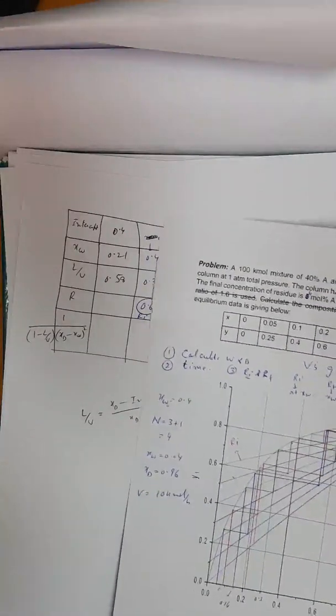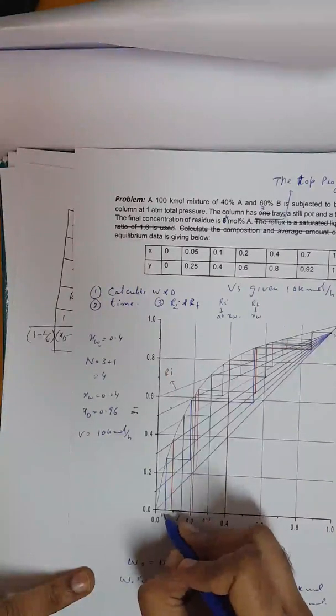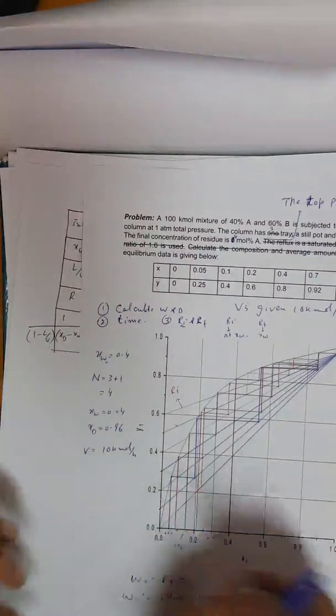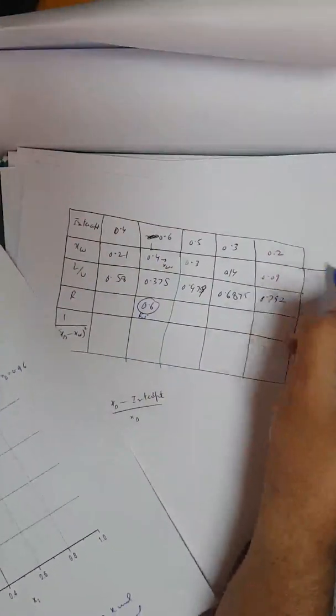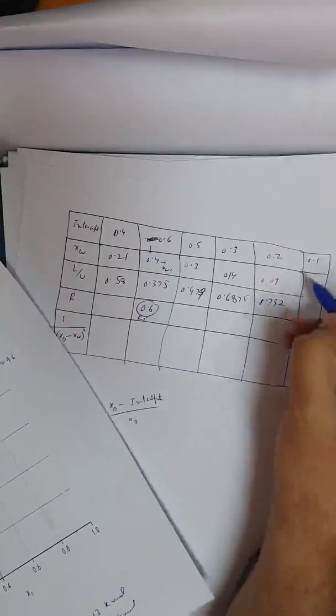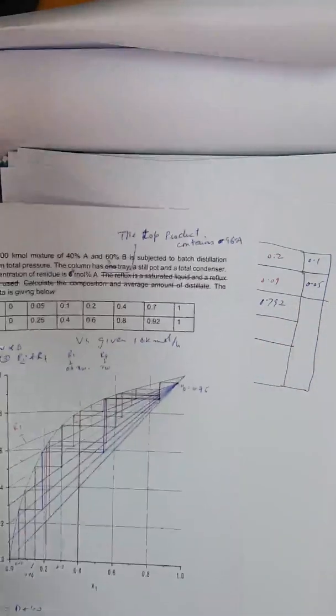Our value is 0.04. So more or less we got 0.05, so it will also be acceptable. You can try a little lower, maybe 0.09, and you will get the answer. So let's say we take this value 0.1 and we got 0.05, so 0.03, 0.05 is all acceptable.